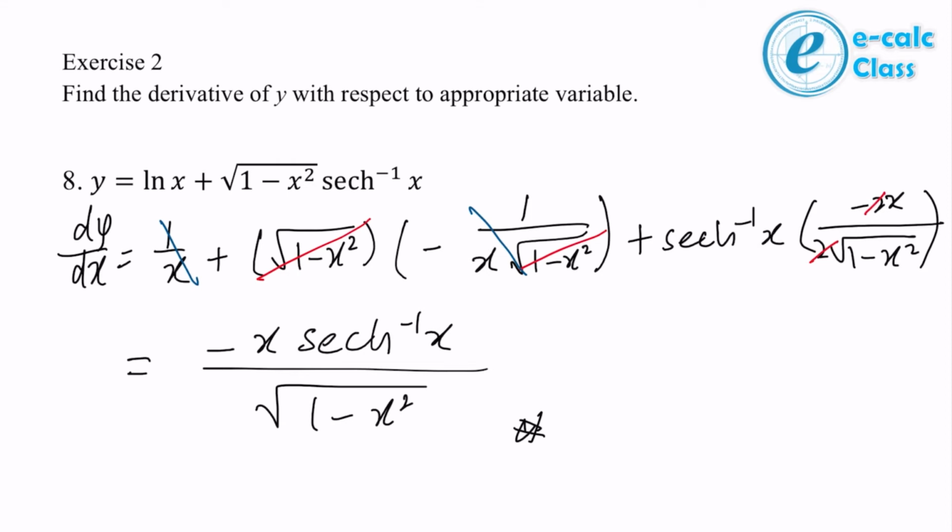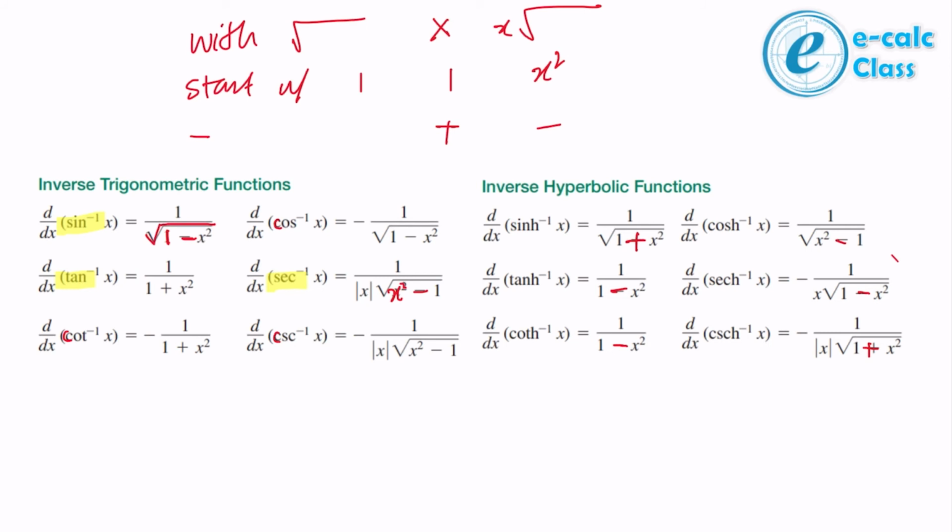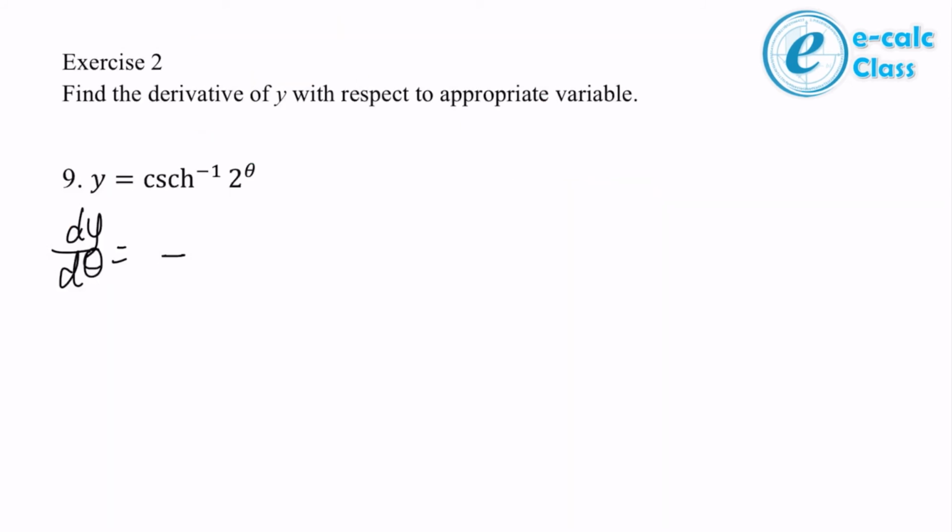Okay. Number 9. Now we have an exponent here. dy/dθ will be cosech inverse. Not sure, but I think there's a negative, because it is the last one of the three, right? Negative. Okay, this one, right? 1 plus, with a square root. 1 over, copy, 1 plus 2 to the θ squared.